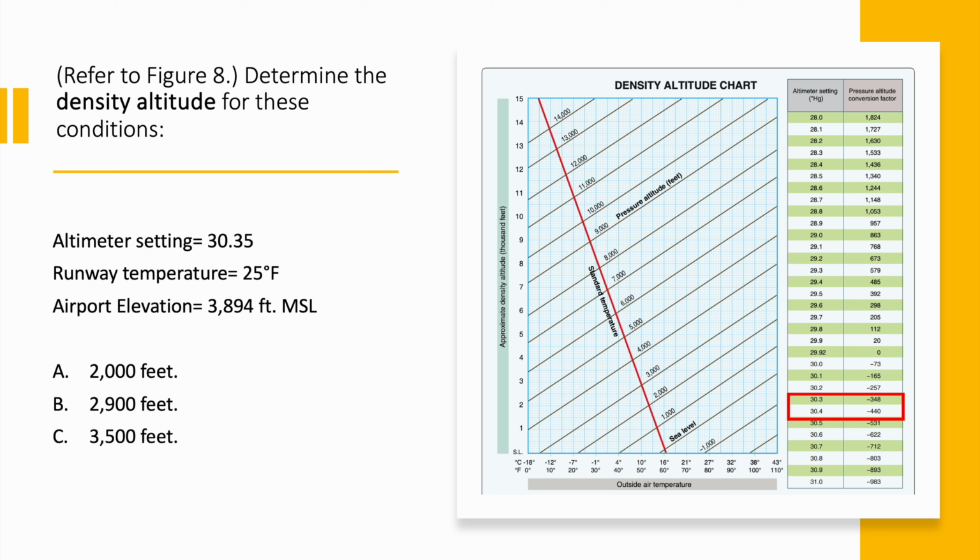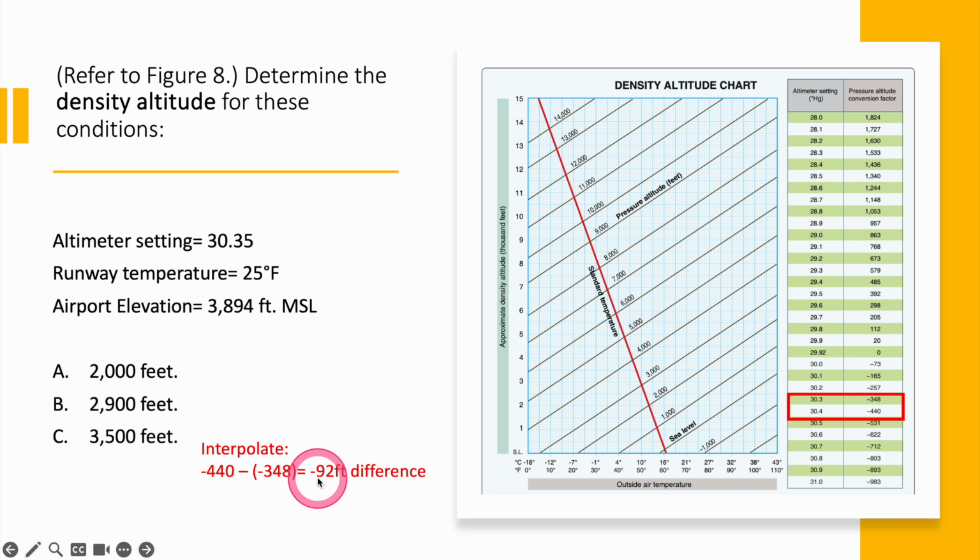Luckily, this one is fairly easy because the point it's asking for is 30.35. If you look to this table here to the right, we don't have that. We have 30.3 and 30.4. So we need to find the number that's in between those, which requires interpolation.